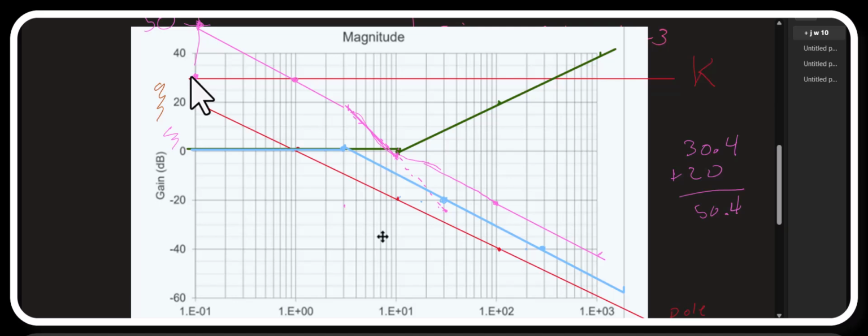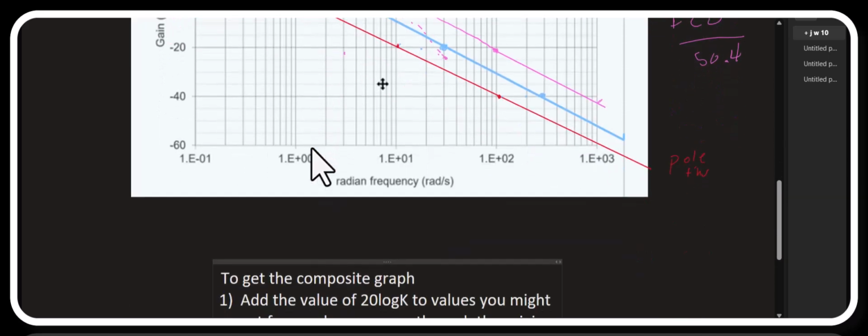And we're going to have a value from our constant, but we also are going to have values from poles and zeros through the origin.